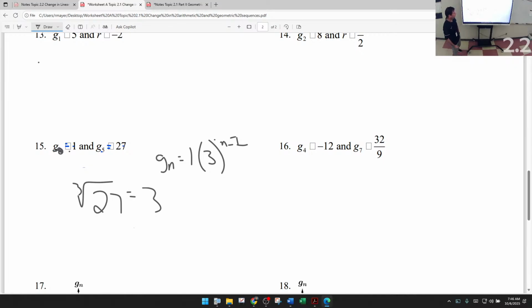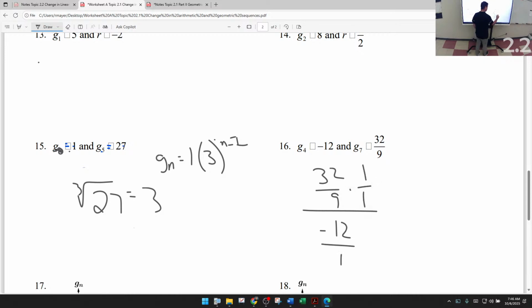So what's this last one? 32/9 over negative 12. I don't know.